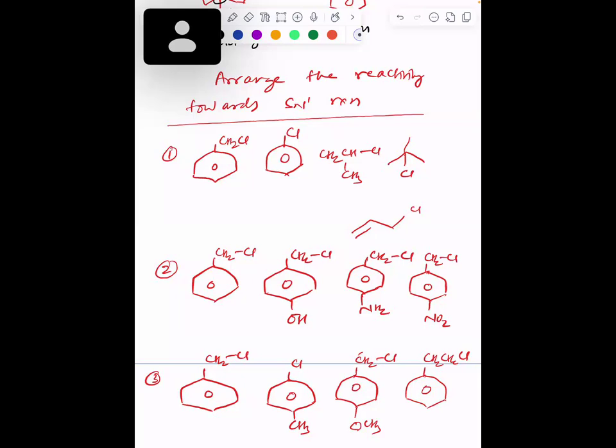Okay, the stability of the carbon atom. Quick, students. Then all of you doing.